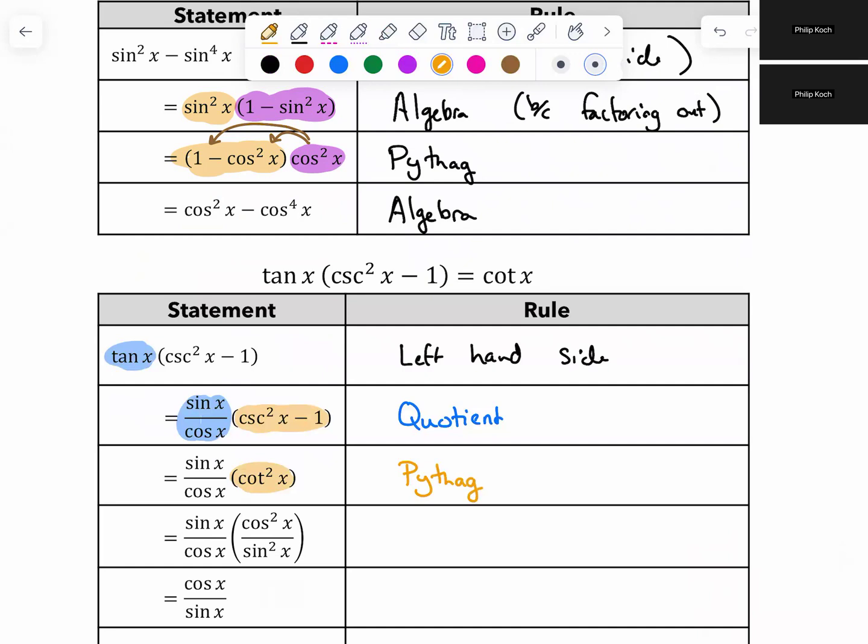If you don't have highlighters, you can always underline things with squiggly lines or tornado lines. My favorite type of underline is a tornado. Those are fun. You can color code without color. Then they change cotangent squared to cosine squared over sine squared. That's going to be another quotient identity.